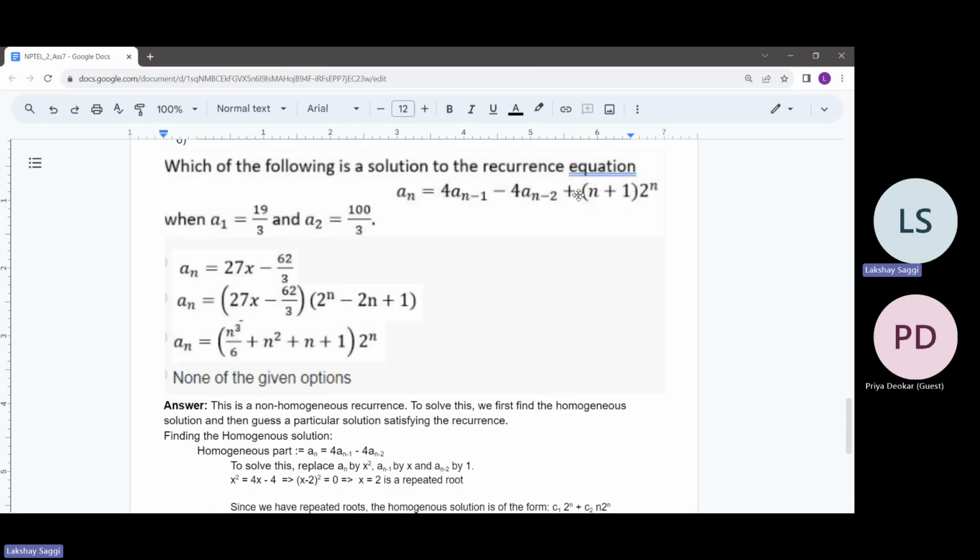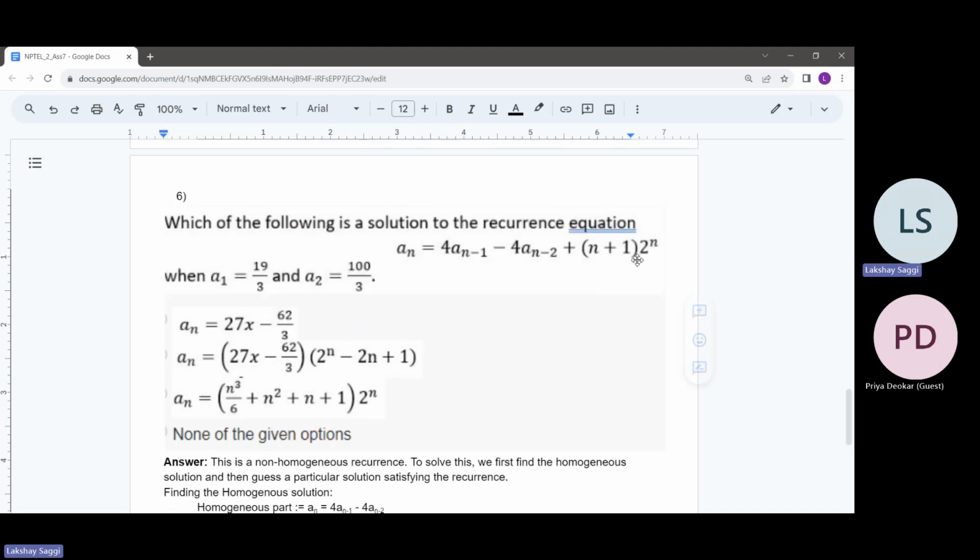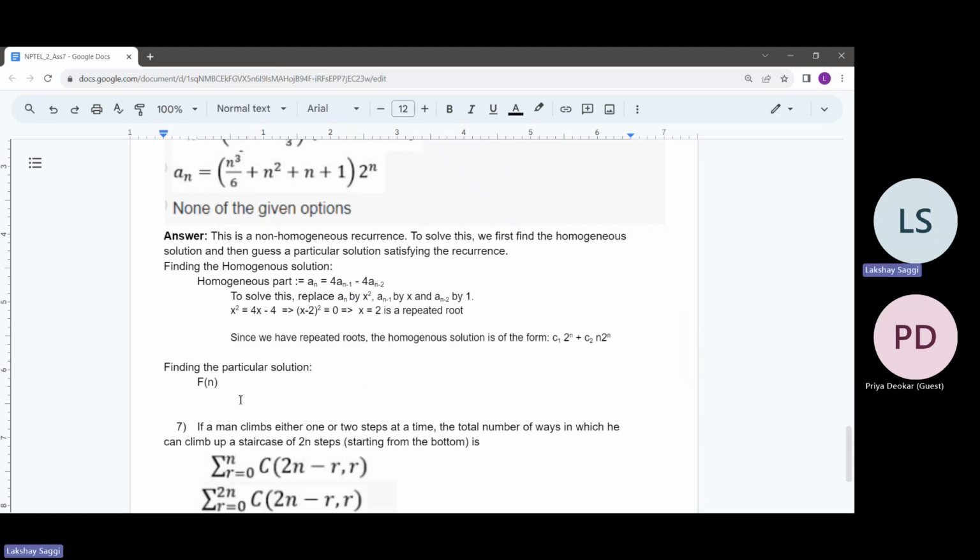So fn is of the form n plus 1 times 2 to the power n, right? So the extra term given to us in this recursion is n plus 1 times 2 raised to the power n.